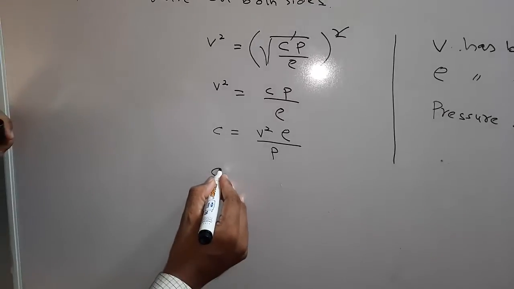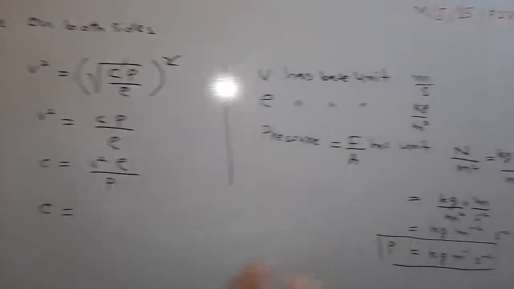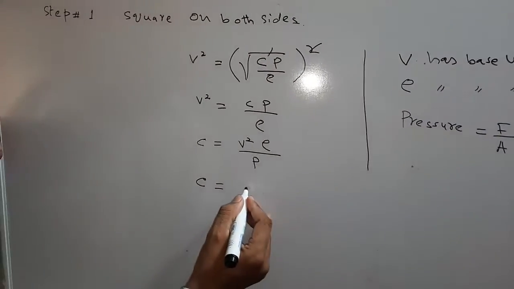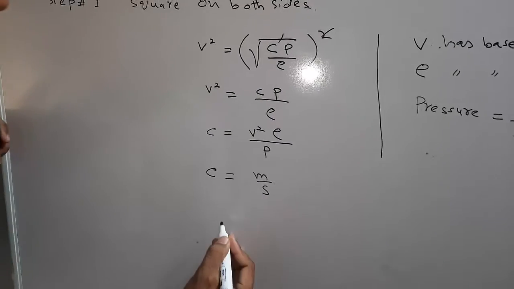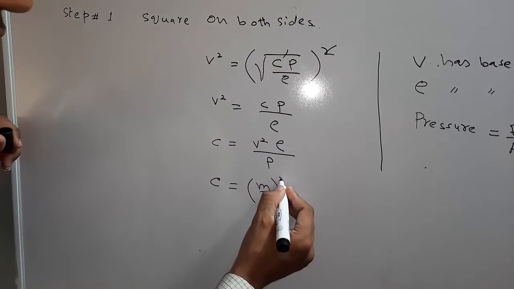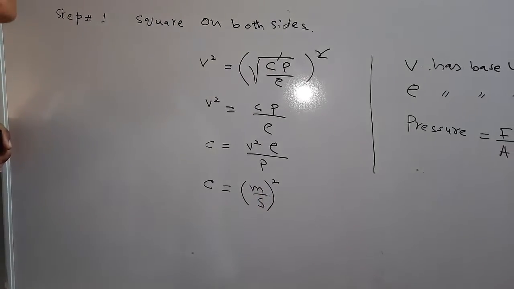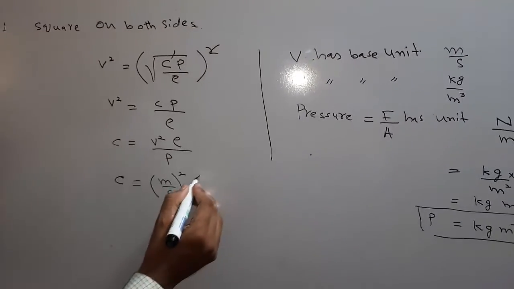Now this is the time to replace the SI base unit of pressure, the SI base unit of density, the SI base unit of speed, as we have done on the right side. So speed we are replacing as meter per second. There is a square, so we will write a bracket and the square here.